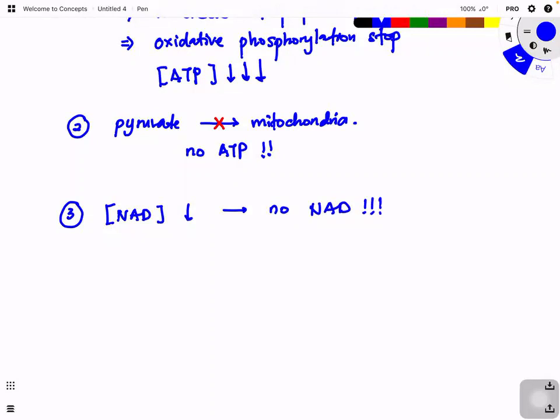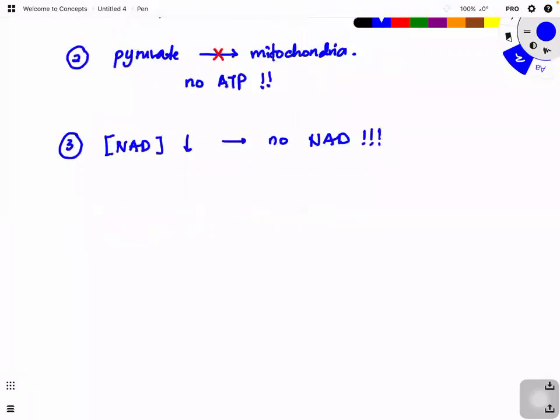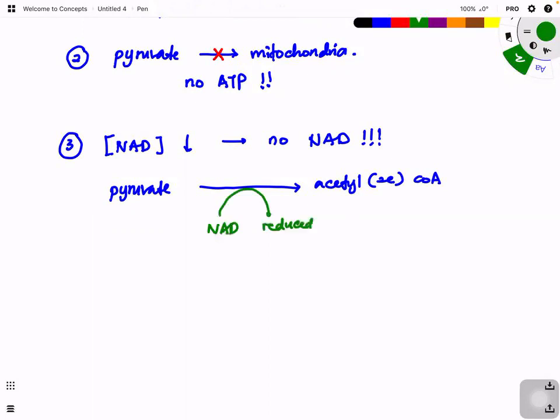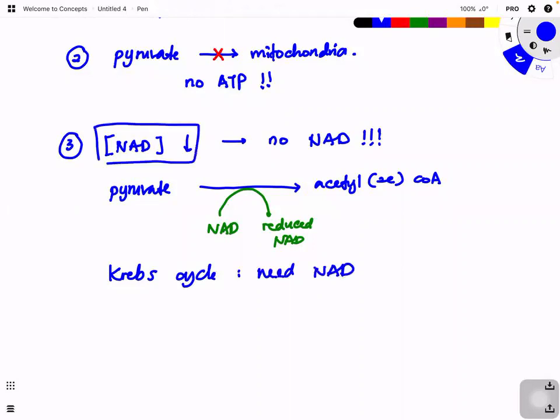If no NAD, look at the process, pyruvate to become acetyl-CoA: you need NAD. In the Krebs cycle, even worse, you need NAD. Because NAD cannot be regenerated, its concentration keeps on decreasing until there is no NAD.